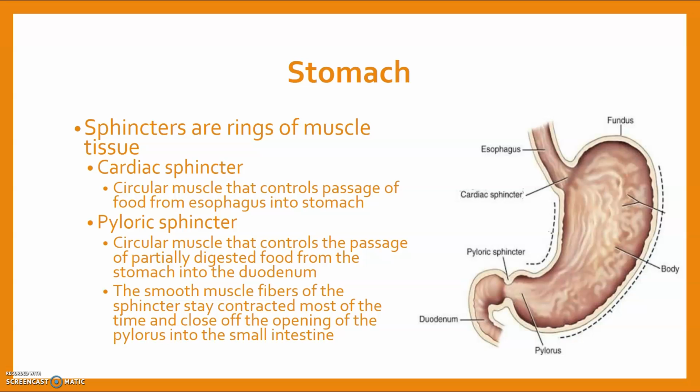The smooth muscle fibers of the sphincter stay contracted most of the time and close off the opening of the pylorus into the small intestine. And to note, the cardiac sphincter is also called the lower esophageal sphincter due to its location at the terminal end of the esophagus and at the beginning of the stomach.